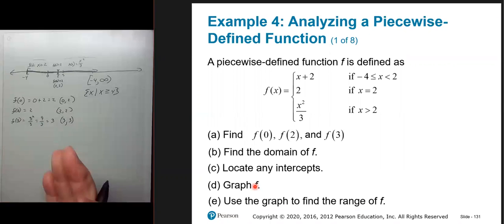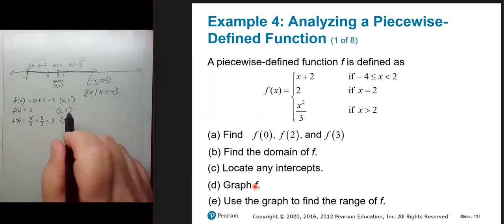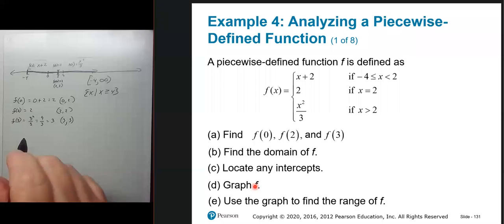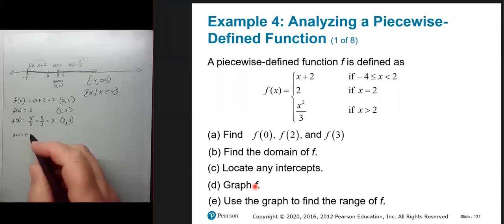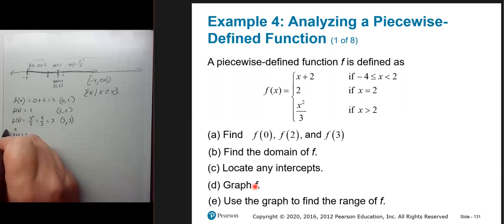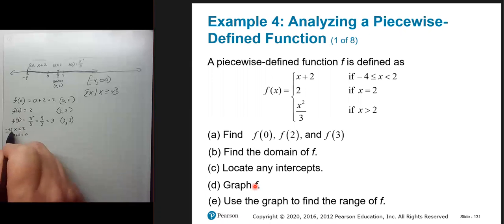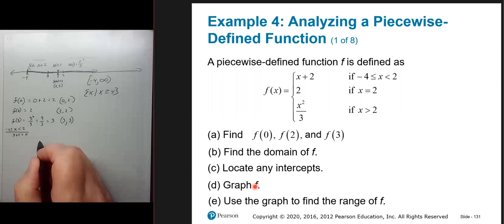Now comes the fun part of locating intercepts. I have 3 domains. So I set each function for each of those domains equal to 0. So I have x plus 2 equal to 0, and if I get an x value here, it has to be between -4 and 2. And then the next one is 2 equals 0, because that's the function.